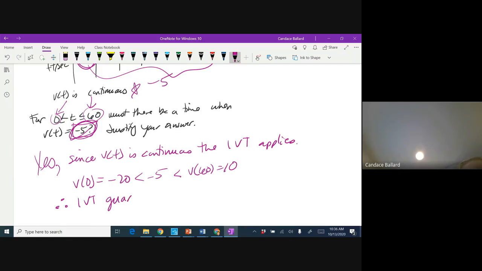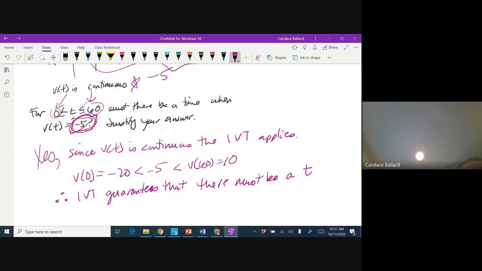IVT guarantees that there must be, we're going to say a t, but sometimes it's a c value. That's how we were saying it in some of the notes. A c or a t on the interval.